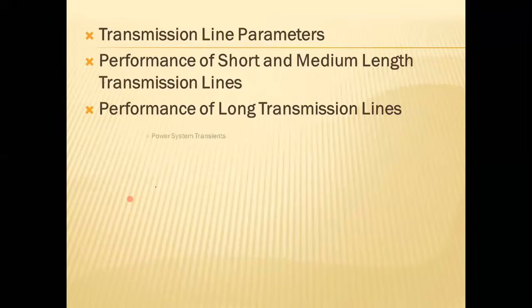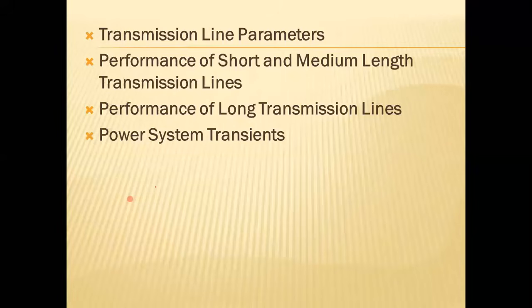Next chapter is power system transients. What are different types of transients? What is propagation or traveling of such waves? What do you mean by attenuation, distortion, reflection coefficient, and refraction coefficient?